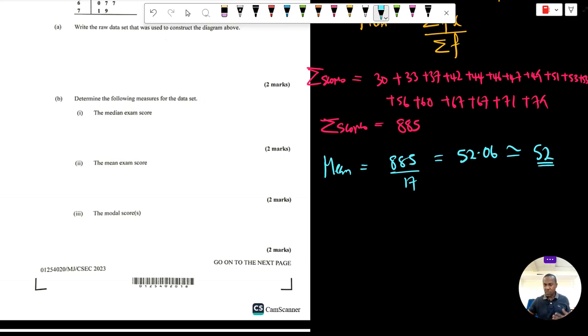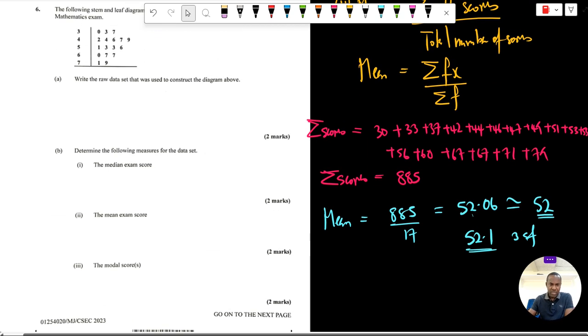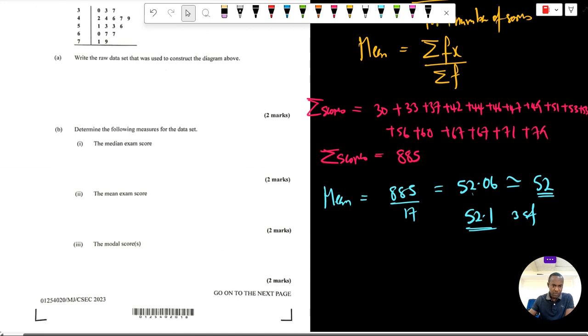If they want the answer correct to, for instance, 3 significant figures, then this would be 52.1. But of course, each score was represented as a whole number, and so the option might have been to express the mean as the nearest whole number, which in that case would be 52. So the mean score is actually 52. All right.